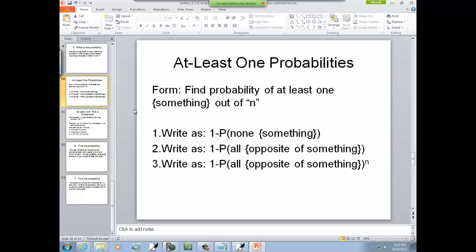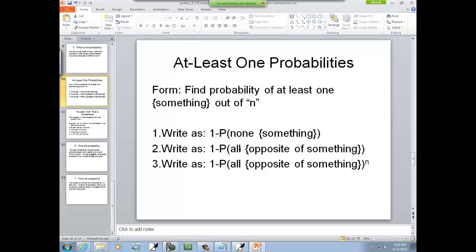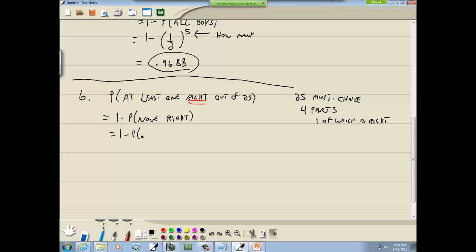We rewrite as 1 minus probability of none something, or no somethings. And in this particular problem, at least 1 right, this is our something. So at this point, it just carries straight down. So 1 minus probability of none right. Now then we change it to all, and we change the something to the opposite of something. So this is going to be 1 minus probability of all, and the opposite of right is wrong.